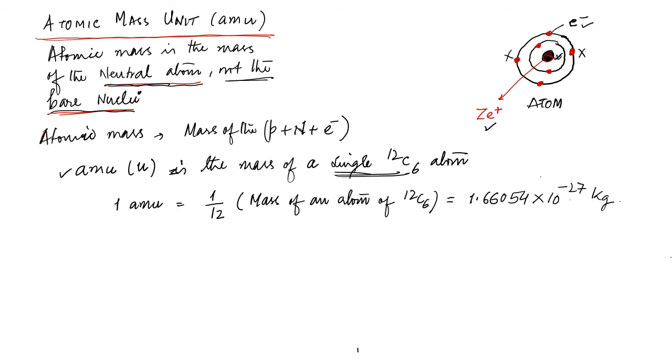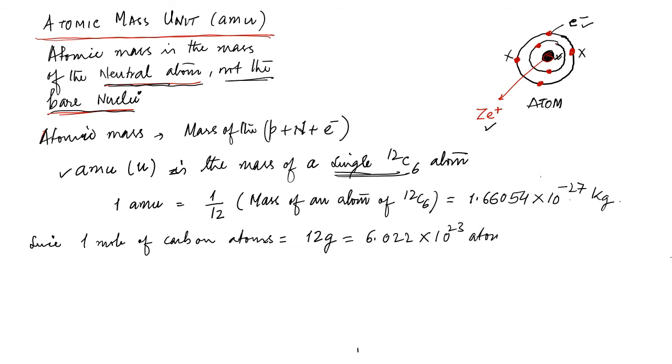You can calculate it because you know that 1 mole of carbon atoms is 12 gram, and this contains 6.022 into 10 to the power 23 atoms, the Avogadro number, of carbon-12.